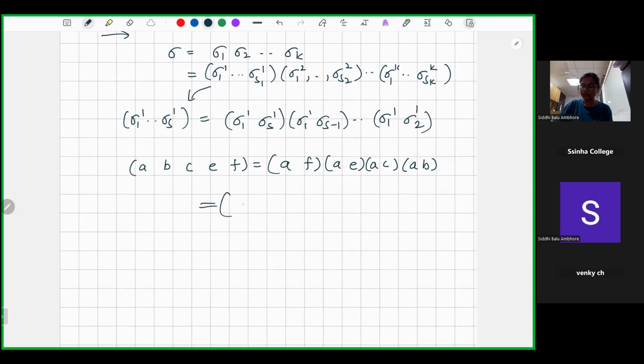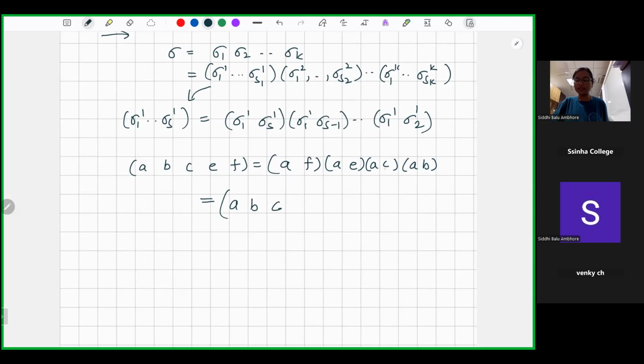If you want to check this, it starts with A. A goes to B, and B is fixed everywhere else, so A goes to B. Now here B goes to A, and now I'm starting with B. Here B goes to A goes to C, and now C is fixed in these two cycles, so I have C here.